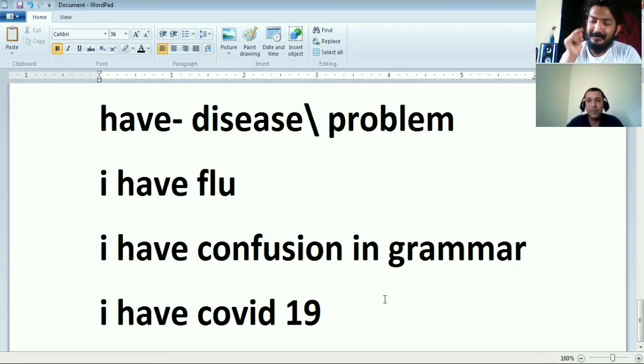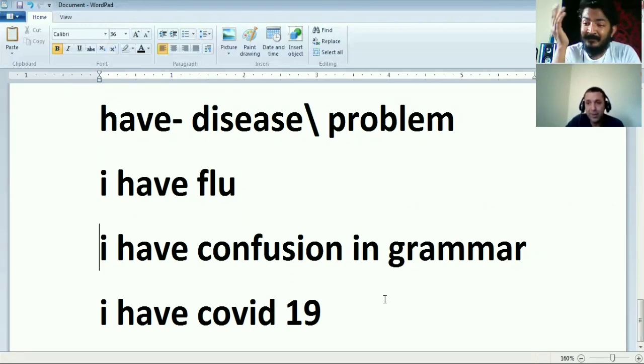Now your turn. Do you have a car? Do you have a headache? Yes, sometimes when I don't sleep, I have headaches. Do you have confusion in Arabic language?